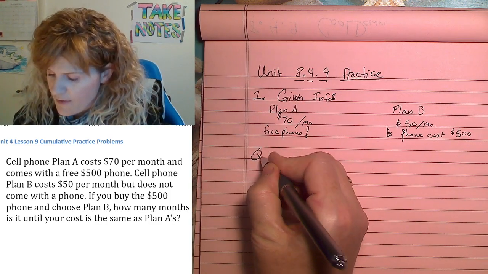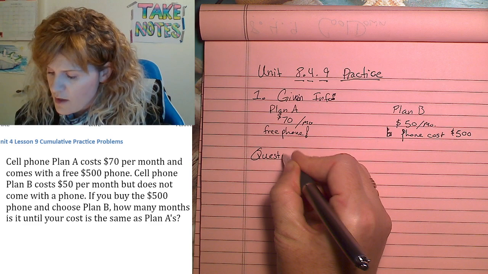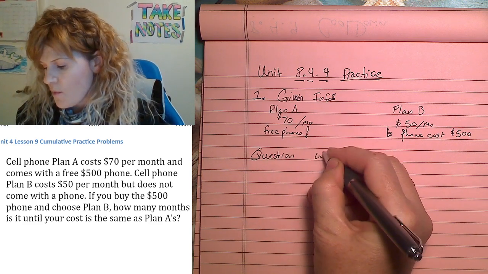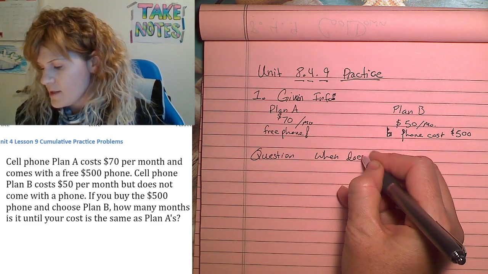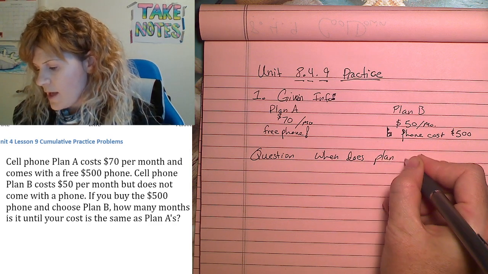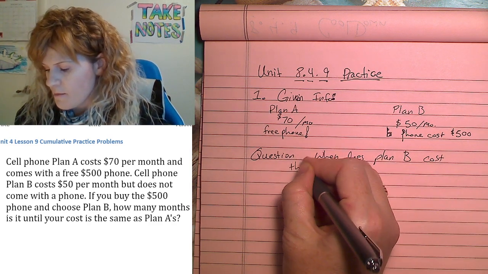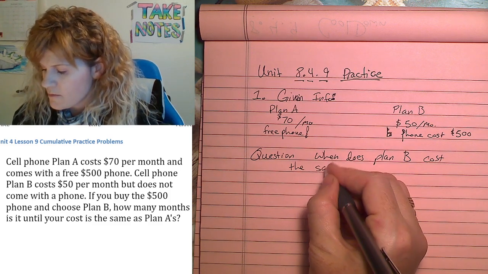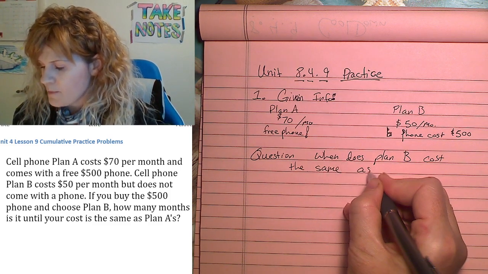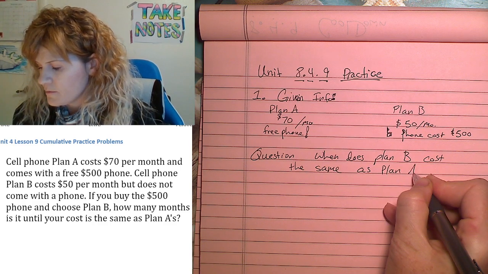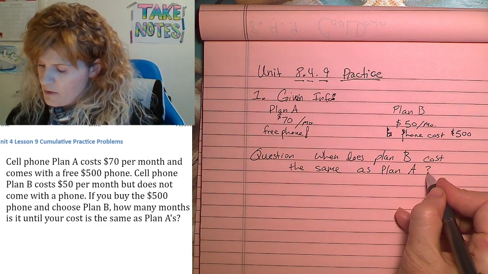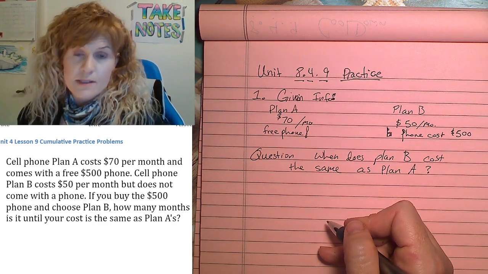Let's write down that question in our notes, but I'll summarize it. When does plan B cost the same as plan A? But really, I mean at how many months?